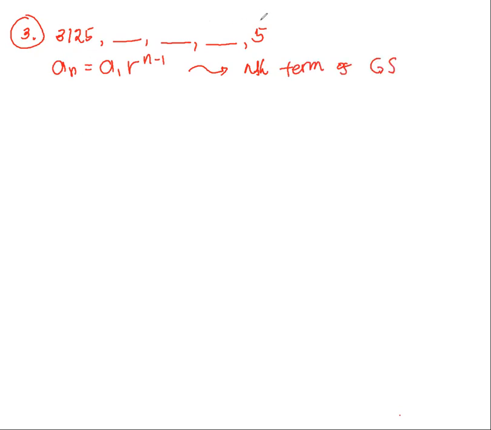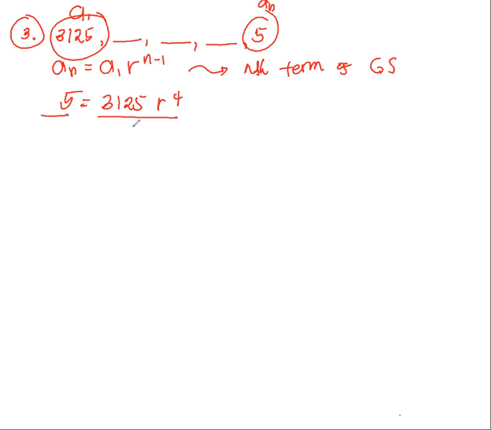So we substitute, this will be our a sub n, and this will be our first term. So 5 is equal to 3,125 times r raised to 1, 2, 3, 4, 5. 5 yung terms mo, minus 1, that's 4.